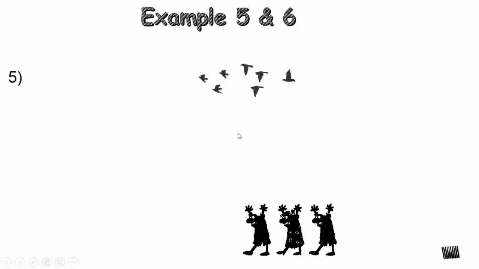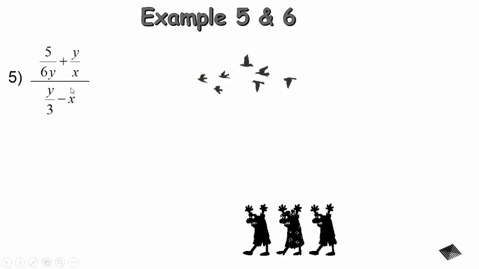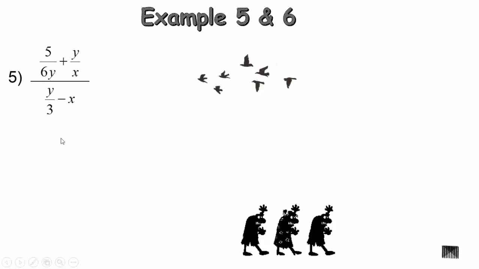So in number 5, I see that I don't have a nice simple fraction here that I can turn into a multiplication, but I see that I can easily find the lowest common denominator, which I find is 6xy. So I'll just multiply everything through by 6xy over 1.